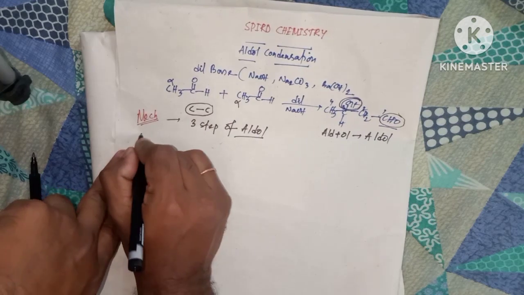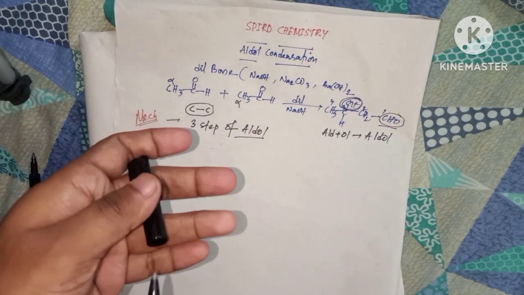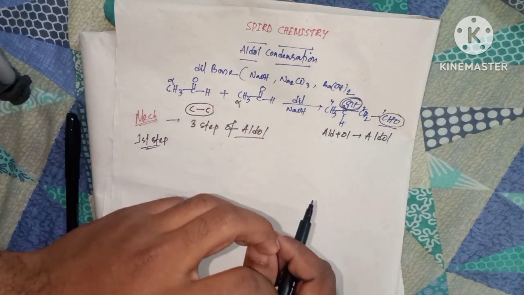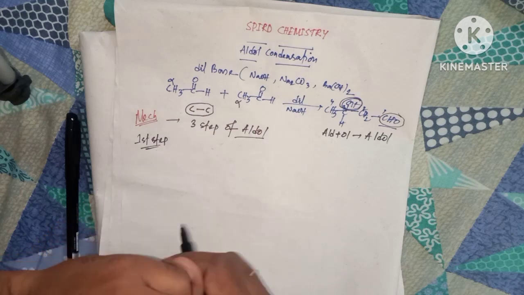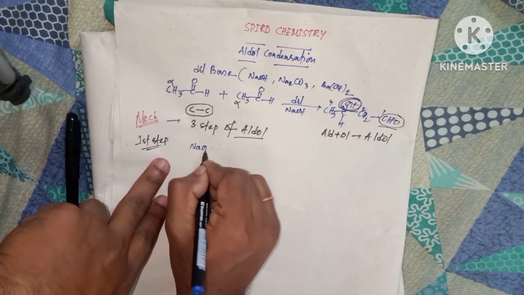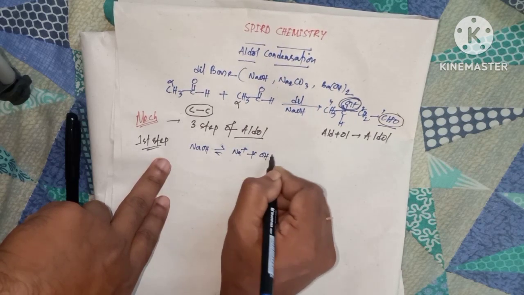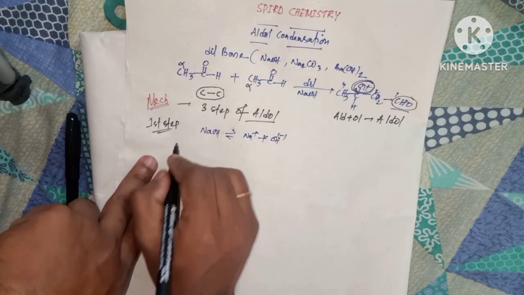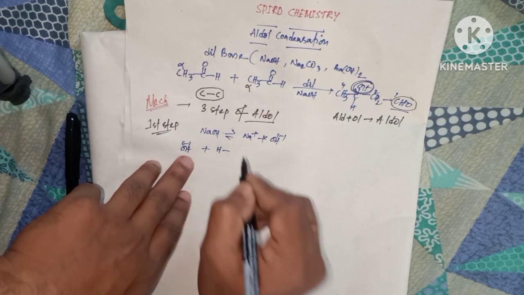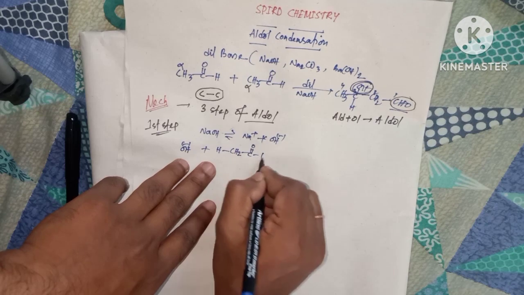At the first step, we take dilute NaOH, dilute sodium hydroxide. NaOH means Na plus and OH minus. So this OH minus and the hydrogen, suppose we can write here CH3CHO.